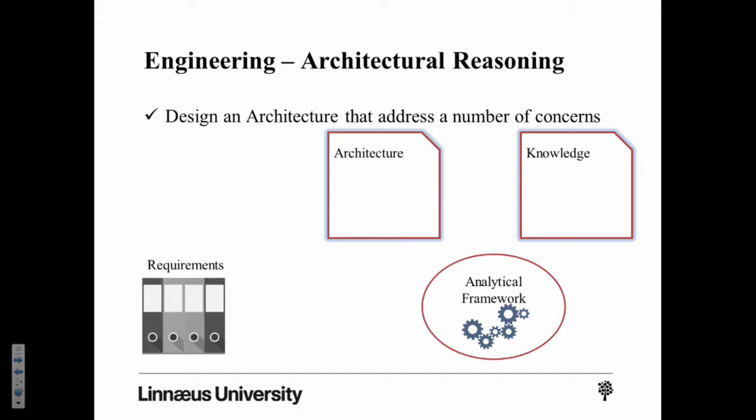So you use this analytical framework, and the analytical framework is actually what distinguishes an engineer from the craftsman. The craftsman's analytical framework is solely based on their experience, what they know or what others have communicated to them as their experience. They don't really have the tools to predict what has not been done before.